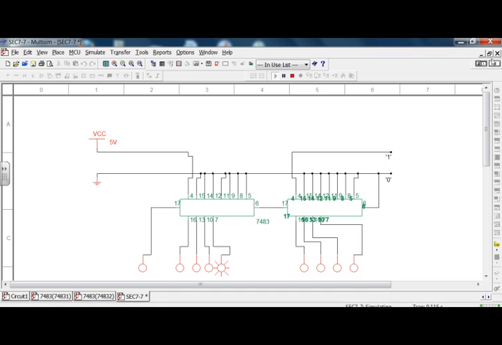Okay, so it would appear that pin 1 is the A. What happened there? That pin 4 can be A1. Okay, so pin 4 is A1.